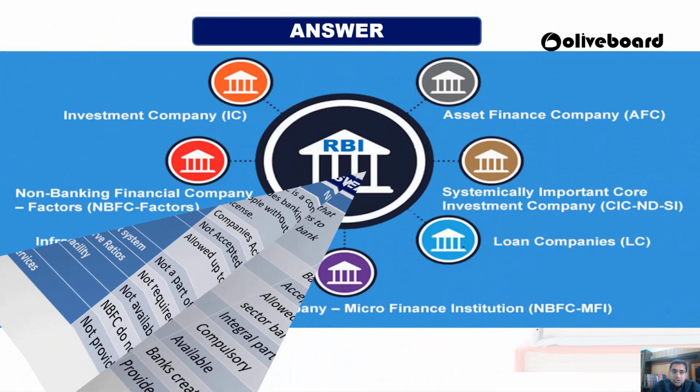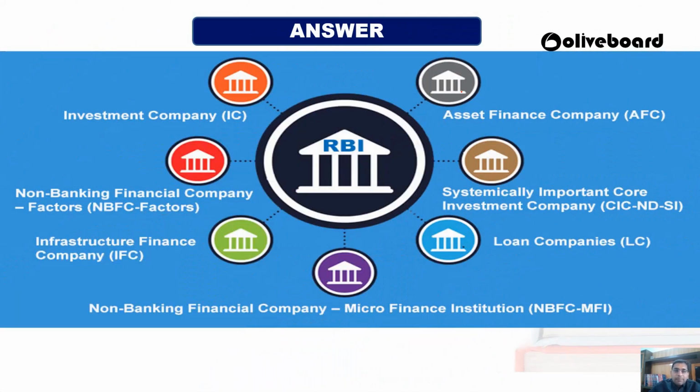Okay. So here, if you can see some of the companies that are running, and these are the various types of NBFCs like asset finance company, systemically important core investment company, loan companies, non-banking financial company microfinance institution, then infrastructure finance company, IFC, non-banking financial service company, factors, investment company. These are all NBFCs.